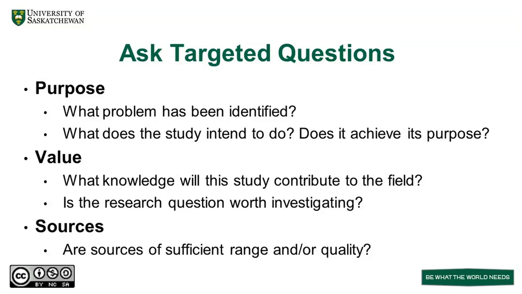Of course, if you're gathering information from reputable journals and reputable sources, there is a little bit of an assumption that we can make that the journal editors will have already made some value judgment about the value of the work that they're publishing. So with some of these questions, we want to recognize that if something's been published in a reputable source, there has already been a level of vetting that has taken place, but we still want to be asking these questions.